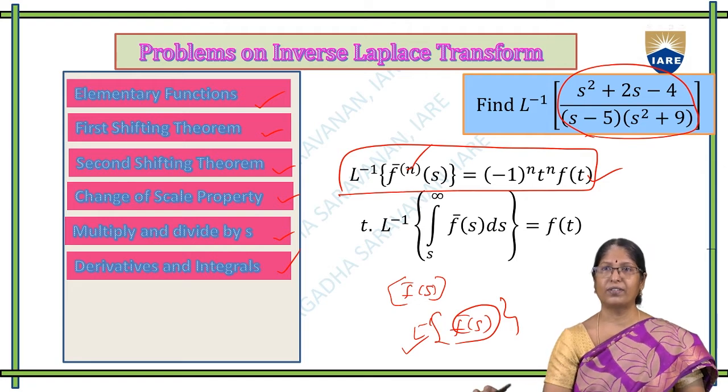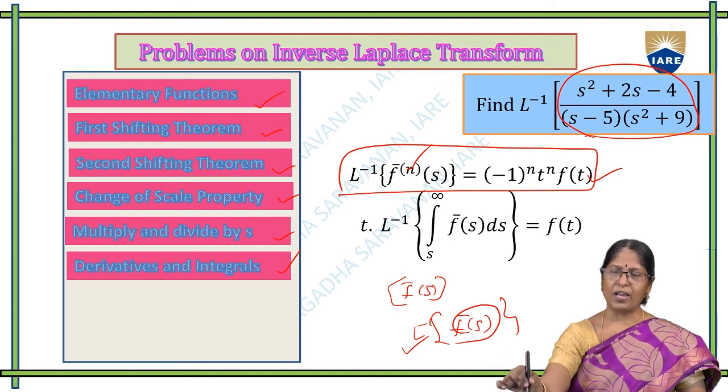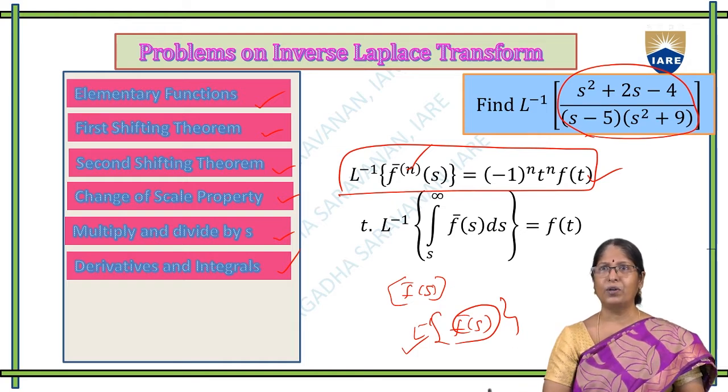Nothing is fit. To fit for this derivative also, we will assume some part or complete. Our aim is to find f of t, but there is no chance of finding this f of t. So now the derivative is ruled out.